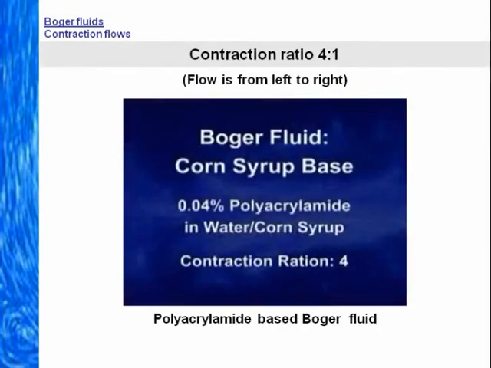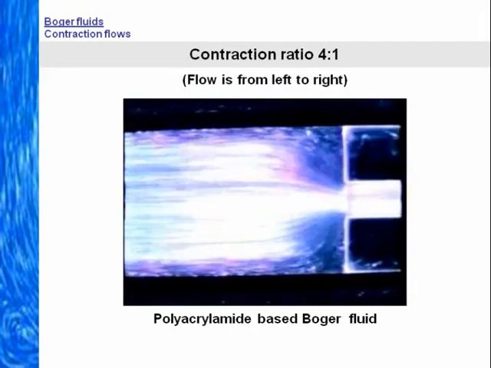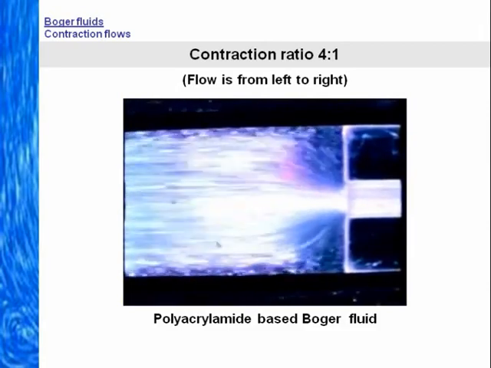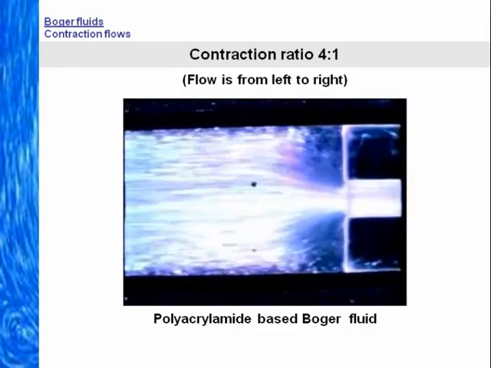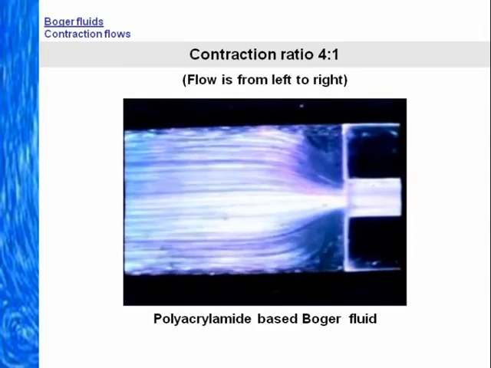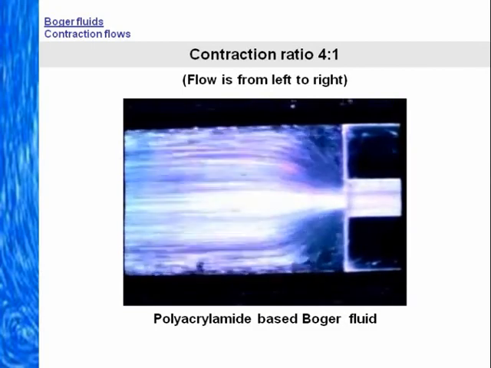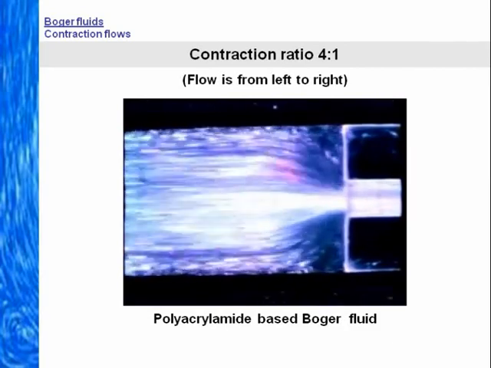But let us pass on to later videos produced by the Australian group in the late 80s. Here, flow is from left to right, the contraction ratio is 4 to 1, and the fluid is another polyacrylamide-based Boger fluid. The change in flow structure with increasing flow rate is clearly evident.